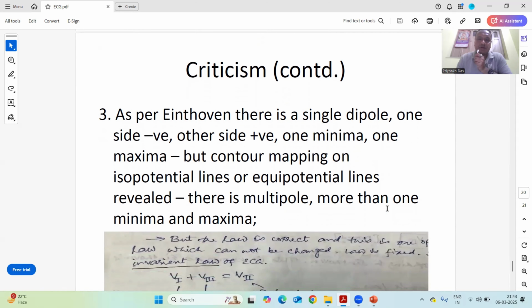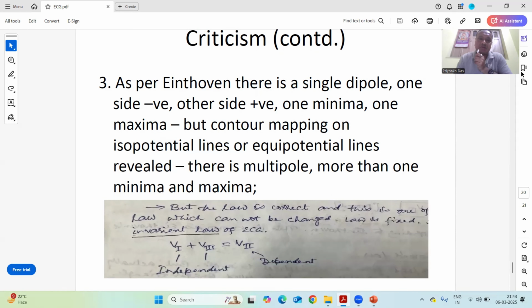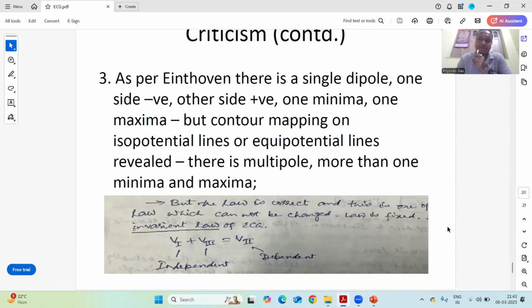But how is this model right? This law is correct, and it is the one law which cannot be changed. It is the fixed or invariant law of ECG, such that V1 plus V3 is equal to V2, where V1 and V3 are the independent variables and V2 is the dependent variable.